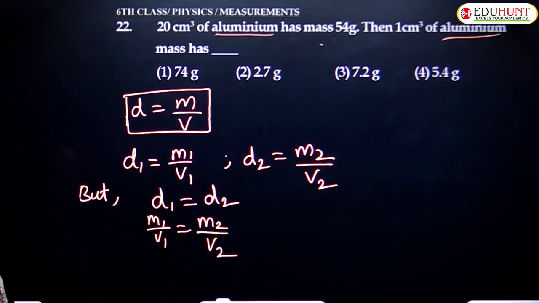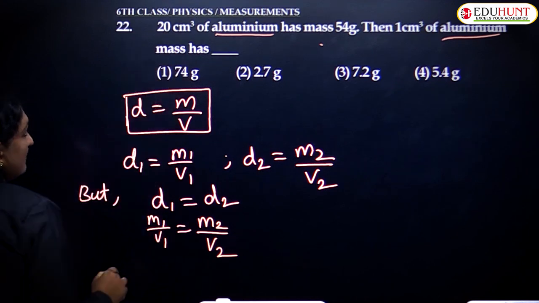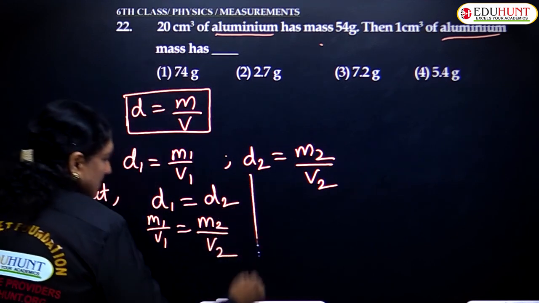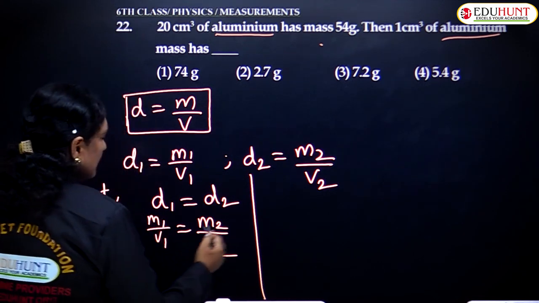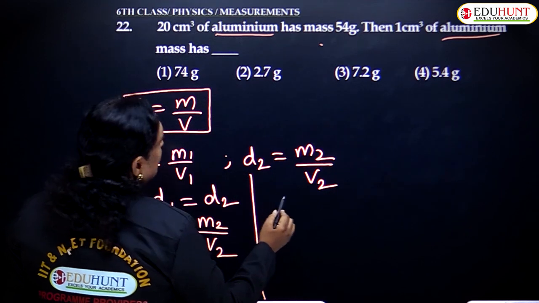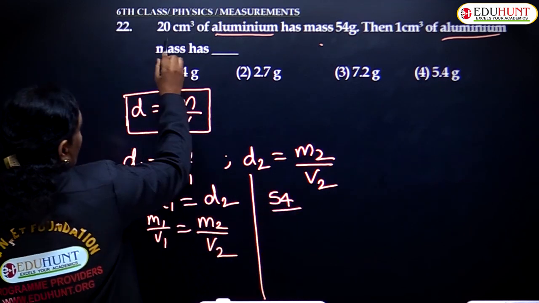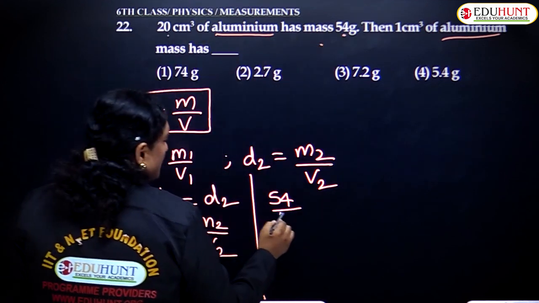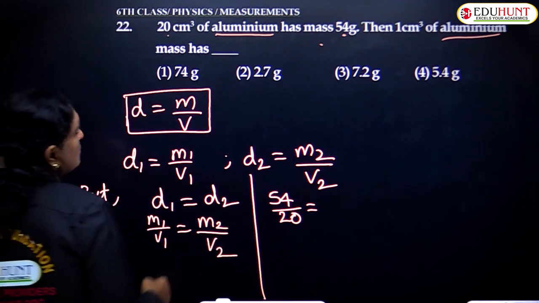Okay, children? But what is M1? It was given 54 and V1 was 20. So clearly we have, I'll write it here. What is that? M1 how much? M1 is 54 grams upon V1 is how much? So this is M1 and this is V1. 20 must be equals to M2. Where is M2, children?